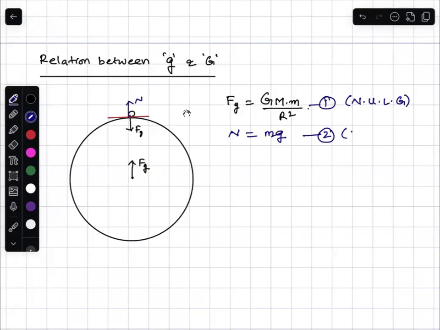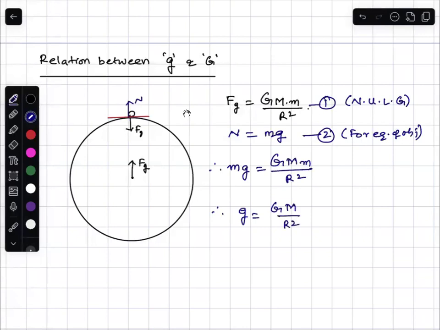And for the equilibrium of the object, normal force and Fg should balance. So therefore, we can write mg is G capital M small m by r square. Therefore, small g is G capital M by r square. So this is the relationship between acceleration due to gravity and universal gravitational constant.